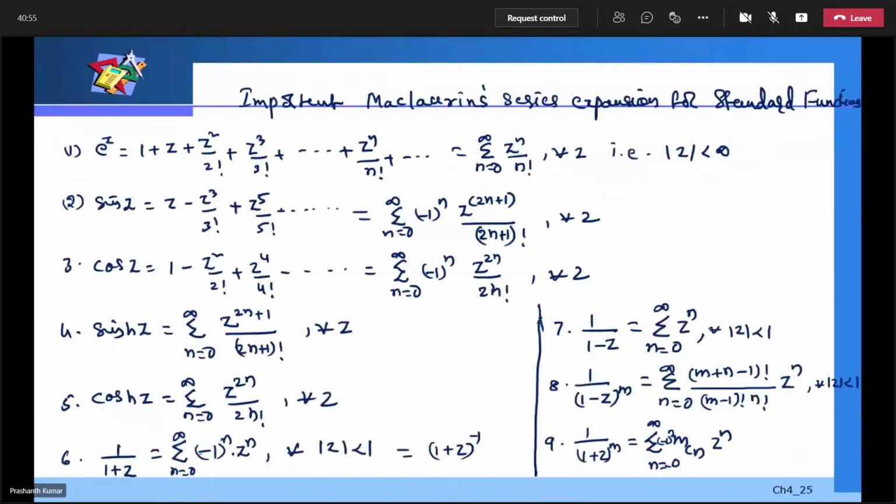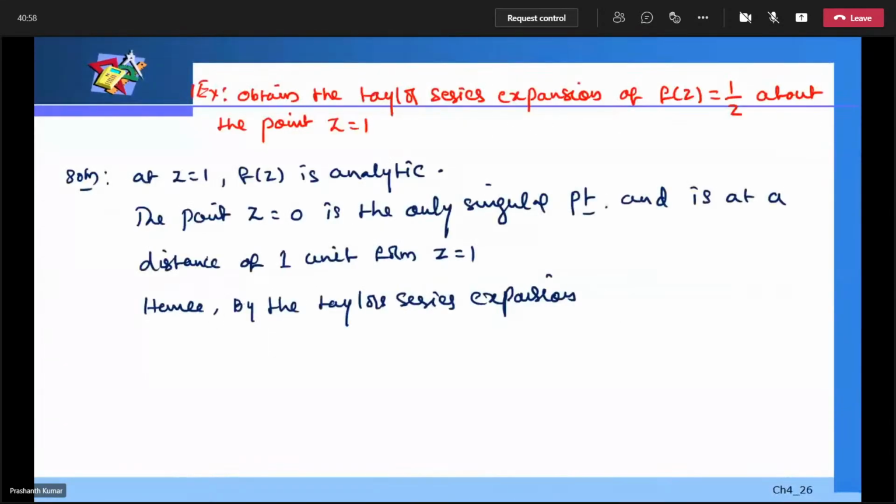Here the point is given as z is equal to 1. So I will take z minus 1 is equal to w, say. This implies z is equal to 1 plus w.